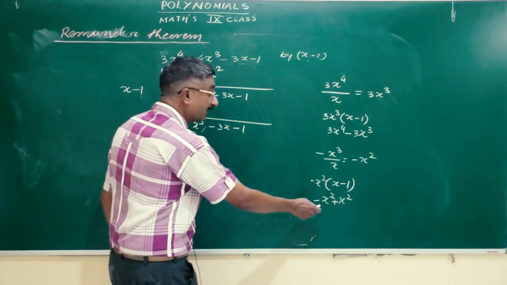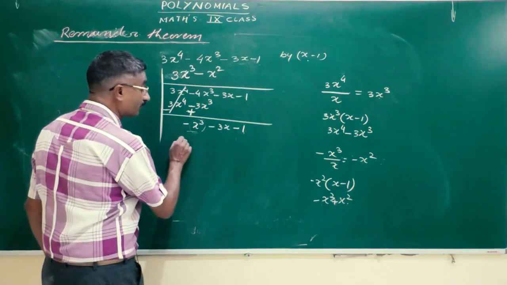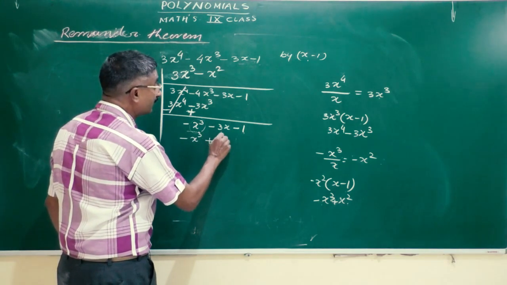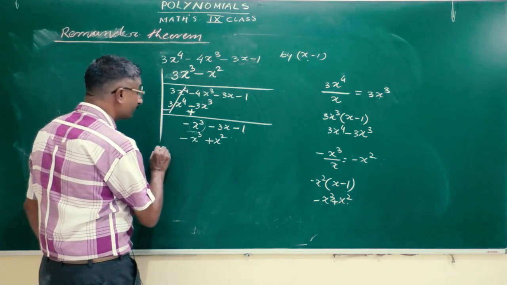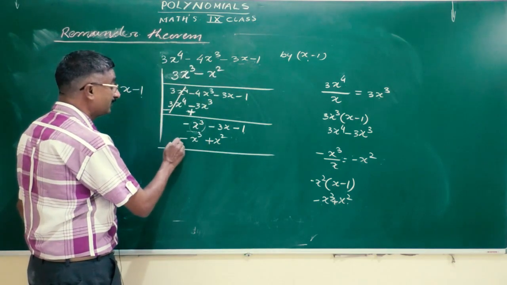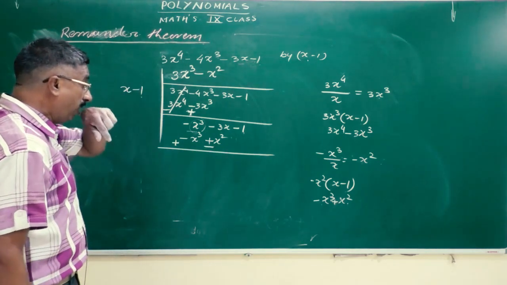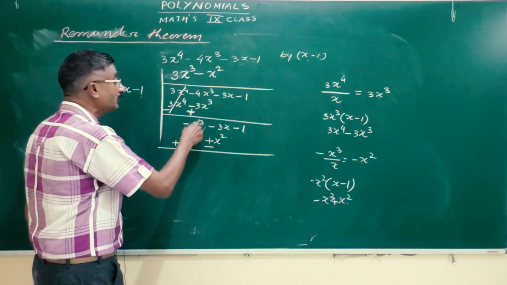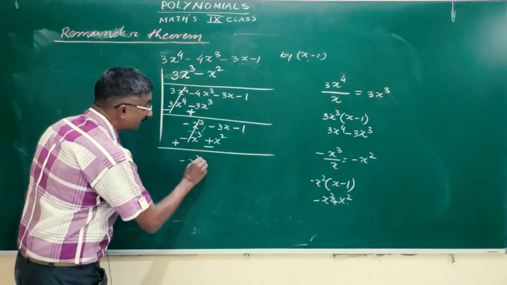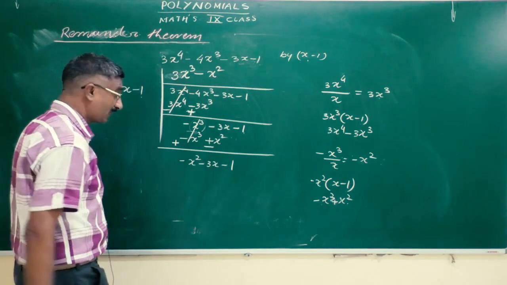So minus x cube plus x square. Subtraction. So this minus minus plus and this becomes minus. So again this is cancelled.